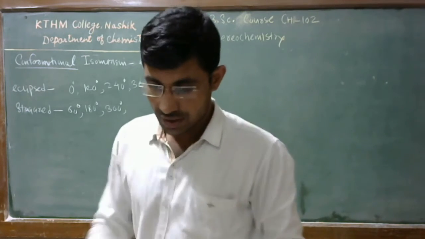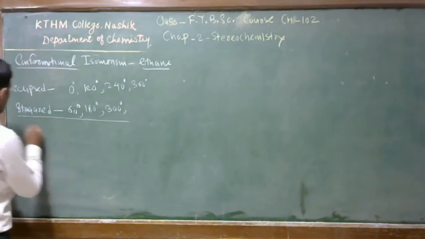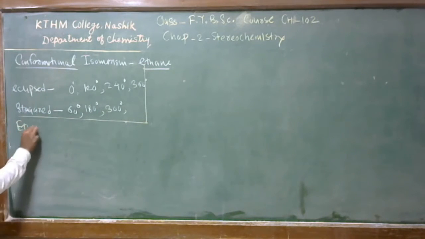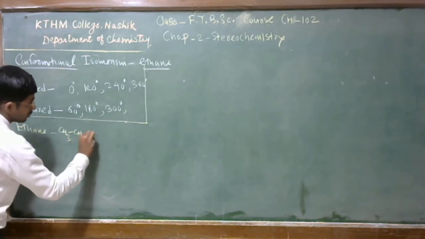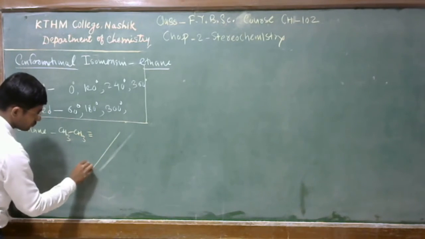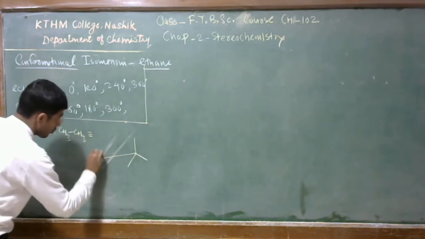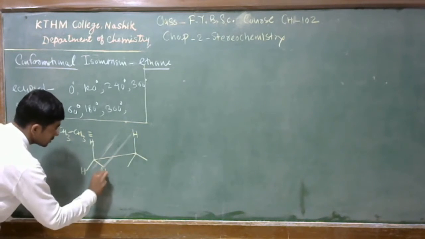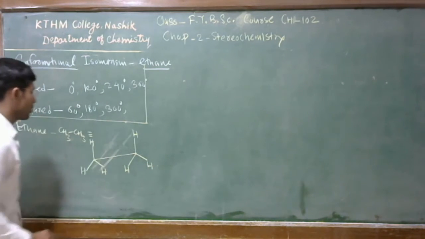Firstly, when you consider the ethane molecule, ethane contains two carbons. We are going to write this molecule in the Sawhorse formula. Suppose these are HA, HB and HC, and HD, HE and HF. So this is the Sawhorse formula for the eclipsed conformation. Now consider its Newman projection formula. You know how to write the Newman projection very well.